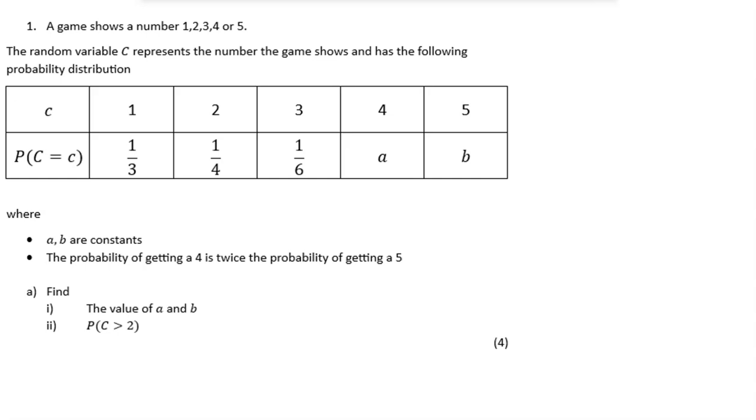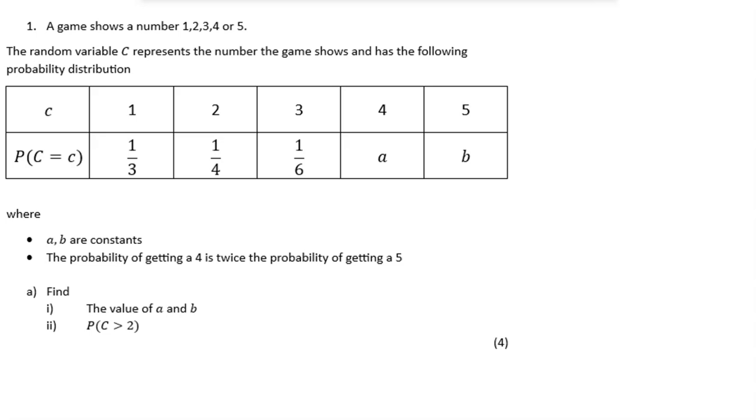So the first thing I need to note with probability is that the sum of all the probabilities will add up to 1. Okay, the sum of all of the probabilities will add up to 1. And that won't necessarily be a bullet point they tell you. So that is something that you need to think about when you're solving these types of questions. So let's get writing down some equations.